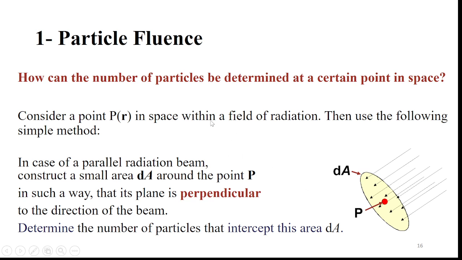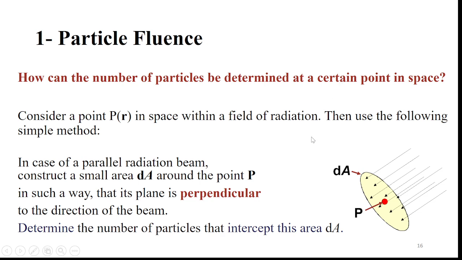What are the steps to calculate the particle fluence? What do we need to know first? These numbers of particles, how can they be determined at a certain point or at a certain area?